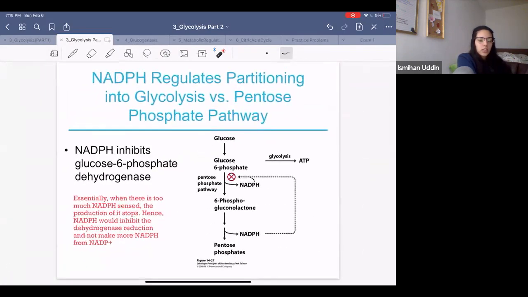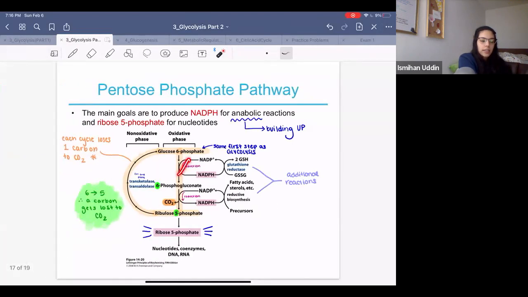NADPH regulates glycolysis versus the pentose phosphate pathway. When too much NADPH is sensed, it stops the production. Hence, NADPH would inhibit the dehydrogenase reaction and not make more NADPH from NADP. So if there's too much, it tells this reaction, the dehydrogenase reaction, to stop, because we're sensing too much NADPH.